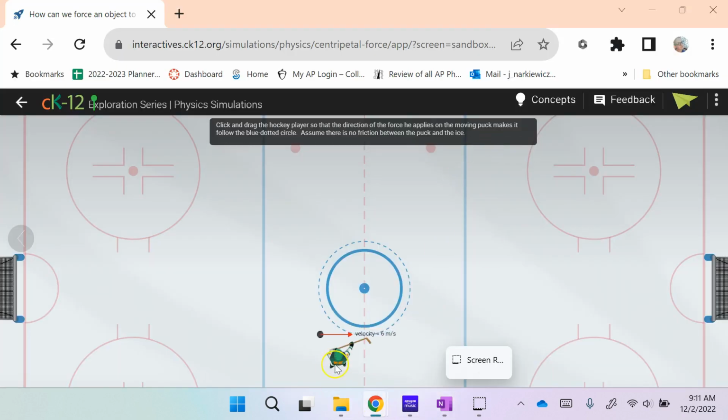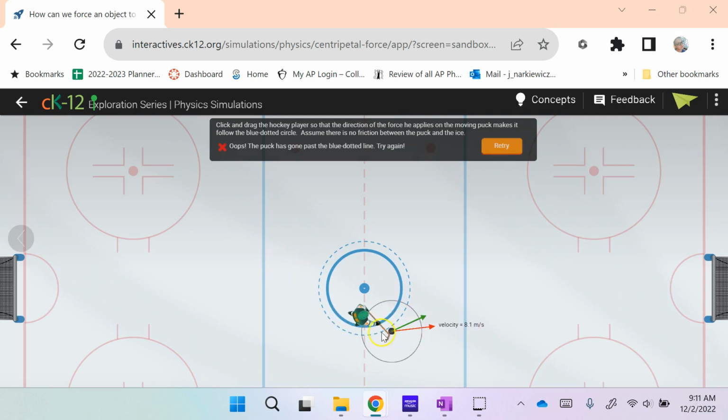So maybe if I try to push it sort of like that, maybe that'll get it to go in a circle. I want it to go in a circle, so maybe I push it that way. But that's still, it didn't follow the path, right? So I sped up and I changed my direction a little bit.